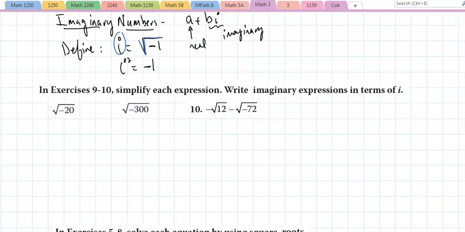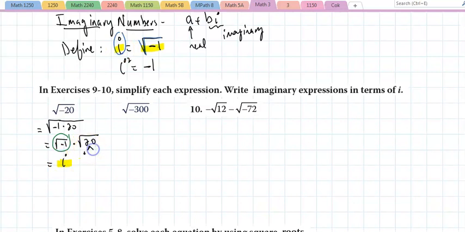So, if I look at this, before I even begin, I'm going to say this is the square root of negative 1 times 20. That is the square root of negative 1 times the square root of 20. And we have just agreed that the square root of negative 1 would always be an i.